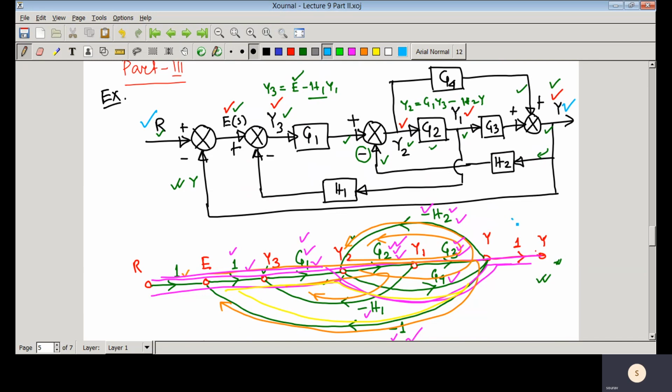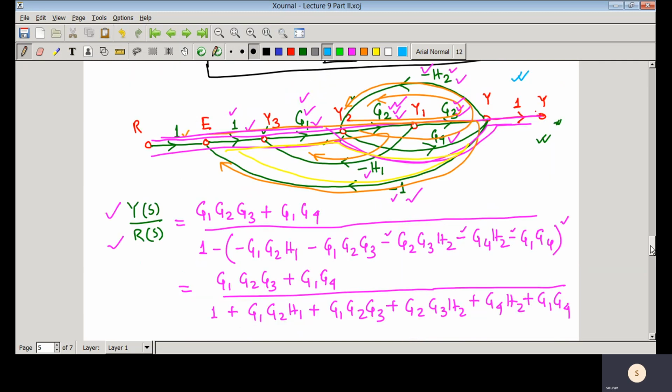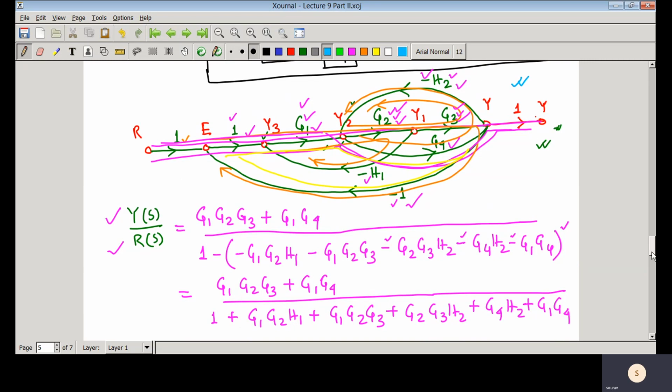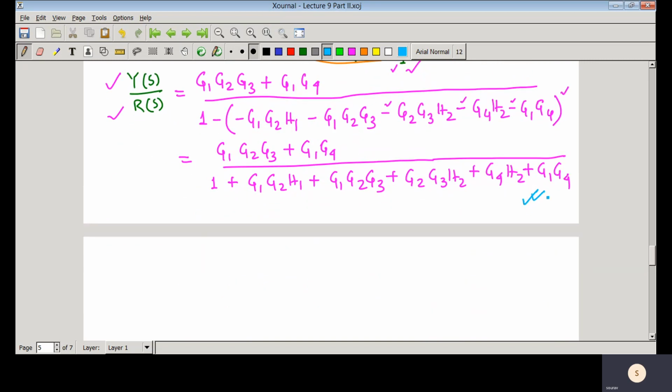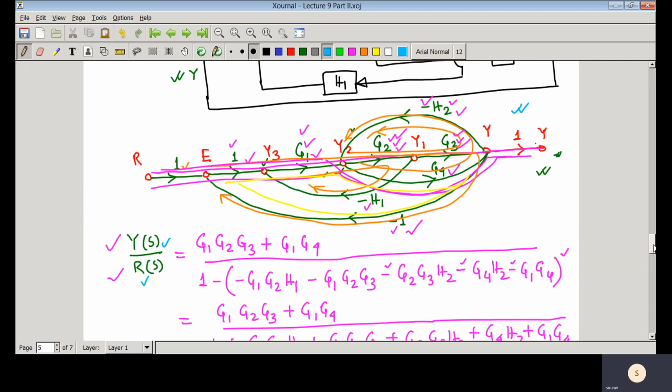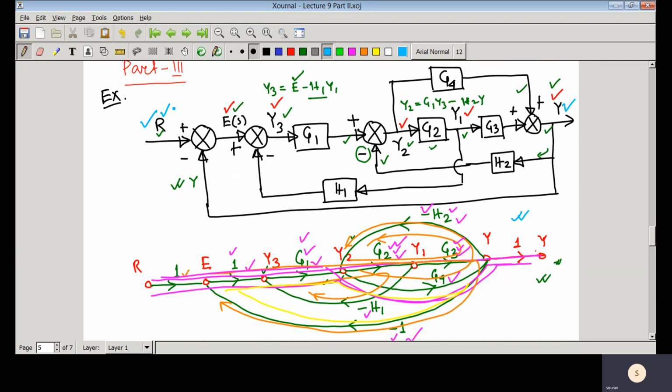You can draw the equivalent signal flow graph for this closed loop control system presented in block diagram form, and then apply the Mason gain formula to directly find the transfer function from input to output. Similarly, you can find the transfer function from R(s) to E(s). That means if you are asked to find it, you can easily find it.